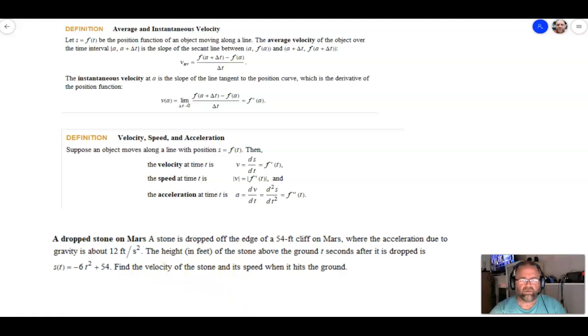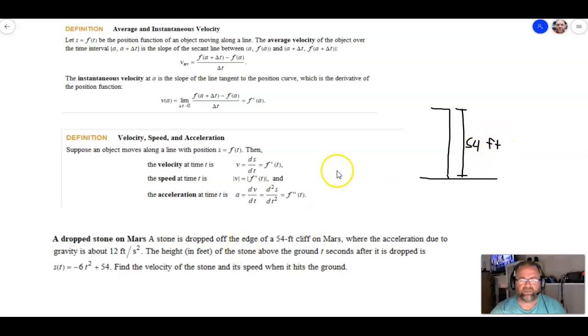With a lot of these word problems, it's really helpful to just draw yourself a little picture. It says this cliff is 54 feet above the ground, and let's say this is the ground here, so this distance here is going to be 54 feet.